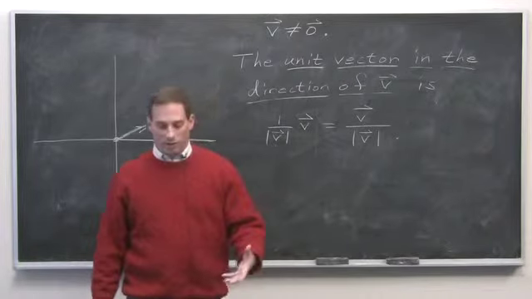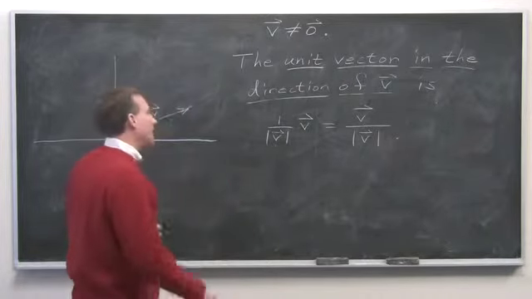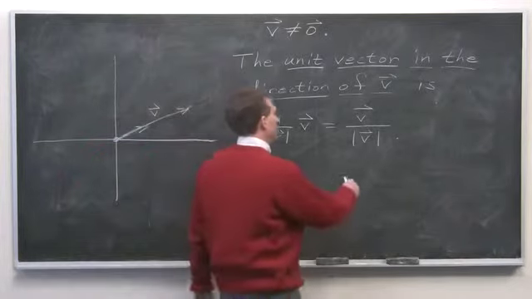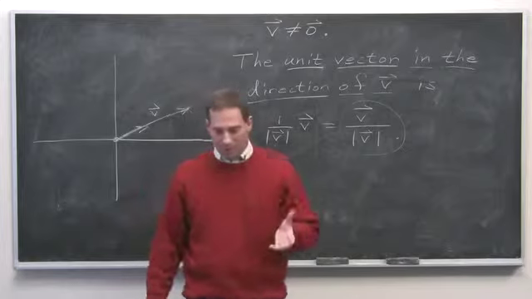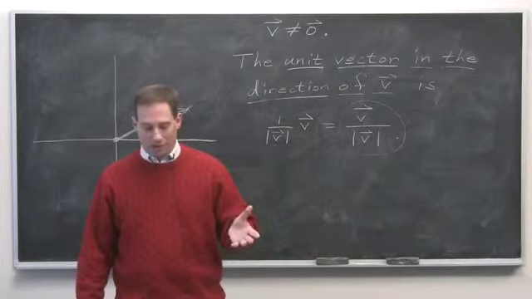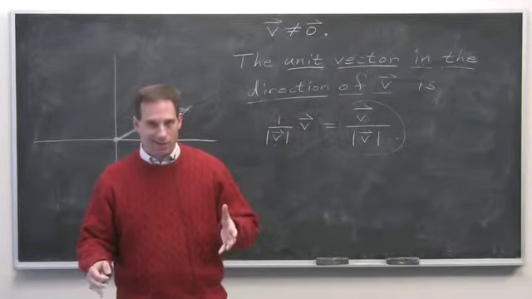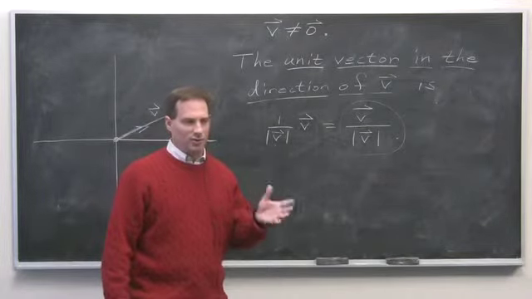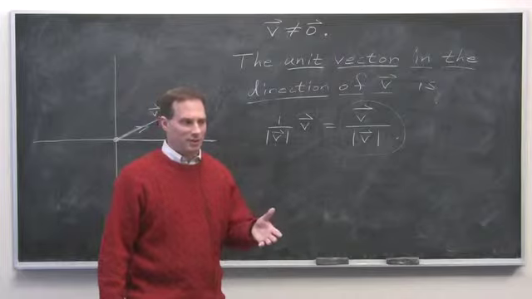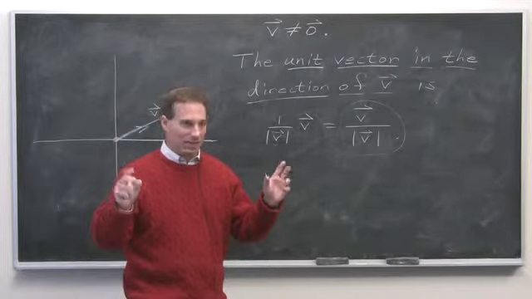It is the only unit vector that has the same direction as v, and the nice way to define the direction of a vector is to say the direction of the vector is this unit vector. Now that's unsatisfying. So you're saying the direction of a vector is some other vector that has length 1 and points in the same direction.